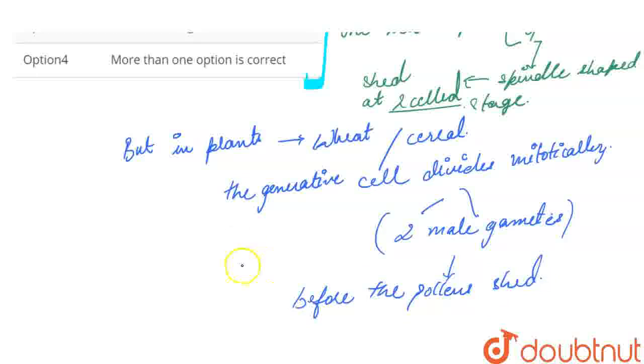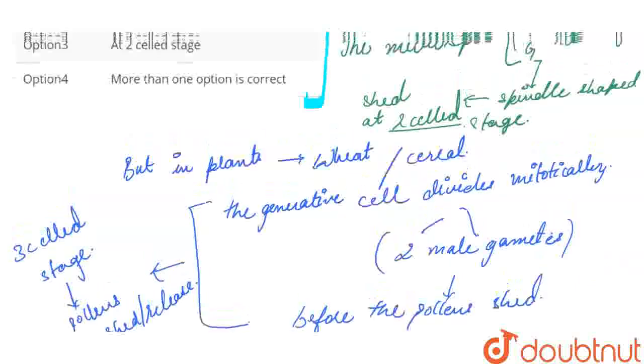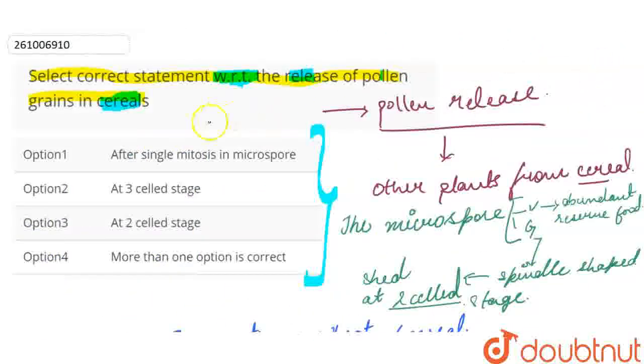So that is why in cereal plants the stage at which the pollens are shed or released is the three-celled stage. So let's see our options. Option 1 says after single mitosis in microspore, which is incorrect.